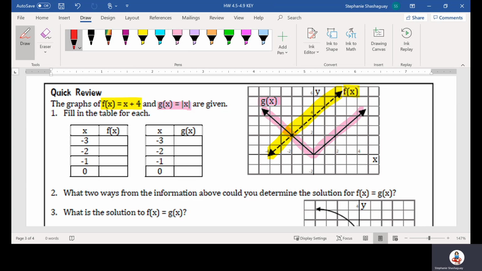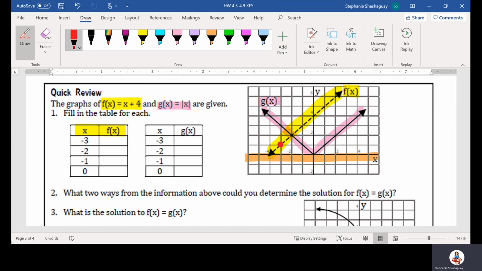Well, if I'm looking at my f of x function here, I'm going to look at that yellow line, and I need to identify when my x is -3, and this is my x-axis right here. Okay, so when my x is -3, what is my y value here?